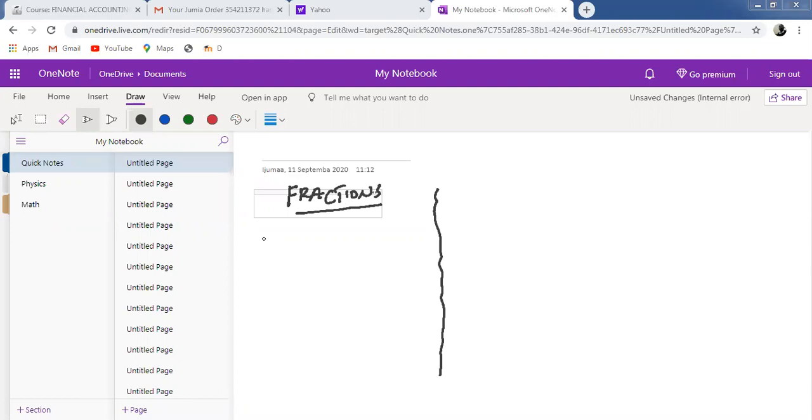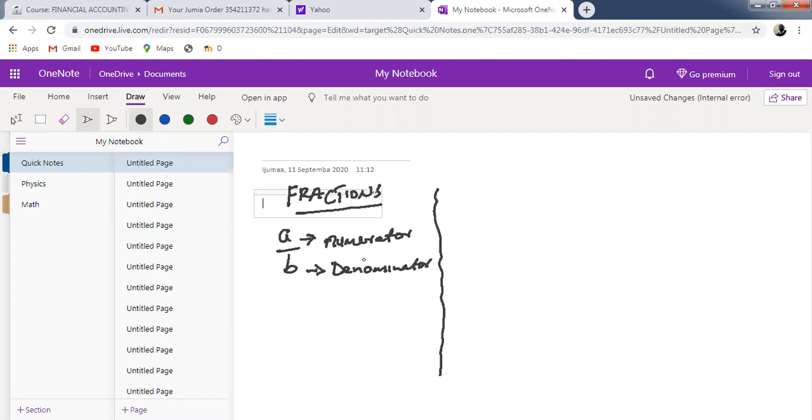A fraction is a number that is written in the form a over b, where the value of a is referred to as the numerator, and the value of b is referred to as the denominator.